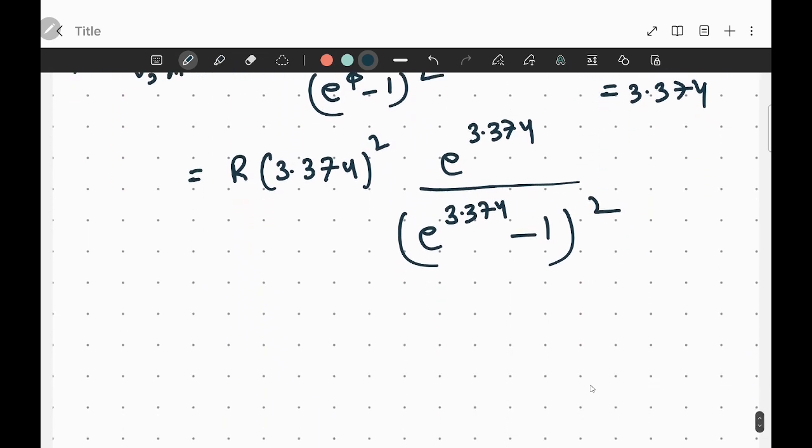Okay, so let me do it: 3.374 square into e to the power 3.374. So this is eventually, let me write it, 3.374 square, it is 29.19.